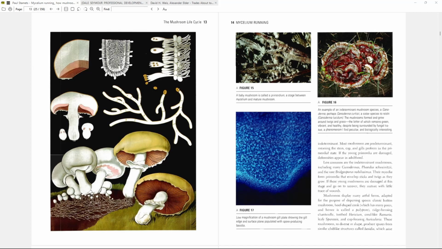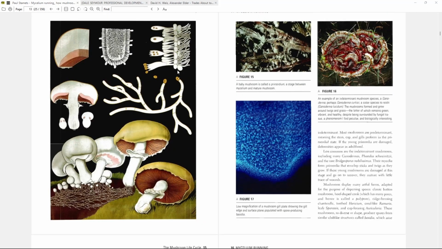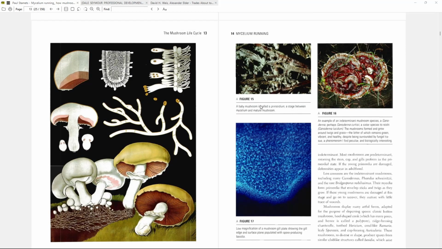So, this is the mushroom life cycle. Figure 15: a baby mushroom is called a primordium, a stage between mycelium and mature mushroom.